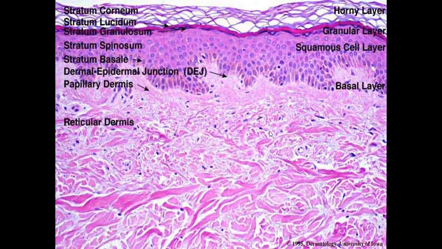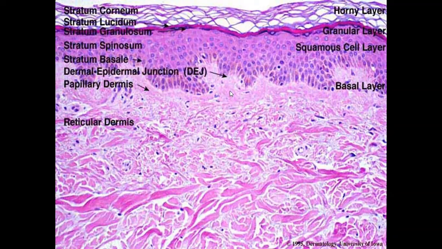Then comes the dermis, and the dermis comprises two different layers. The first is the papillary dermis and the second is the reticular dermis. The papillary dermis is almost 1/10 of the size of the whole dermis, and it is made of little denser collagen bundles which are present just beneath the epidermis.